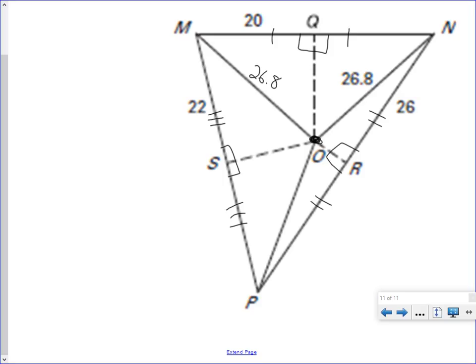I know that O is on a perpendicular bisector, which means that if OM is 26.8, what is OP? 26.8. I know that this is a perpendicular bisector, which made two segments congruent. So if MS is 22, what's SP?